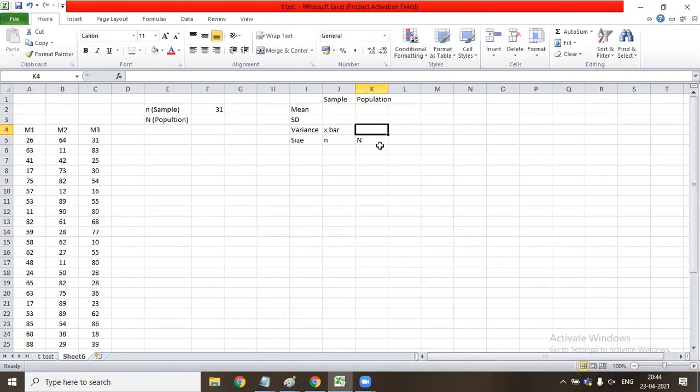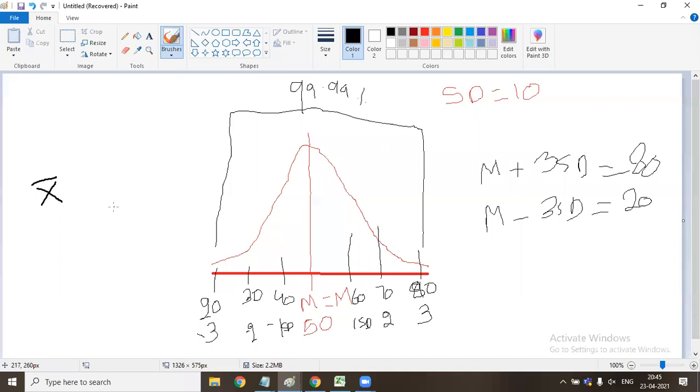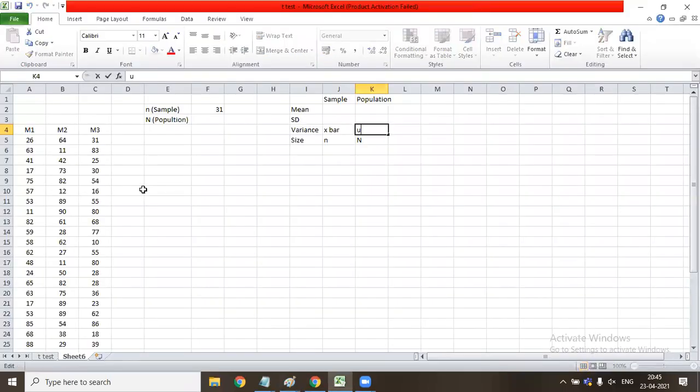So x bar. Population mean is denoted by a symbol that is mu. Mu is something like this. So I'm writing it here. The symbol is actually like this. This is mu. We call it mu.